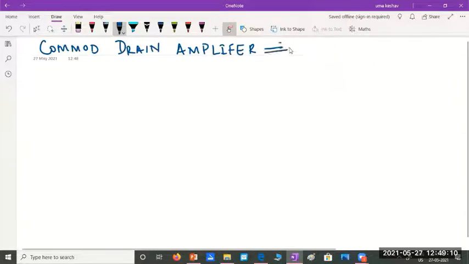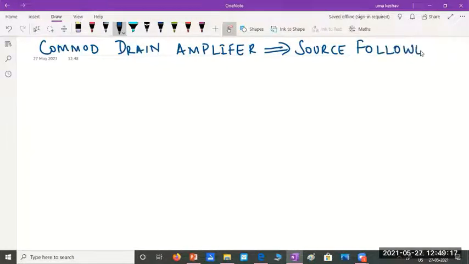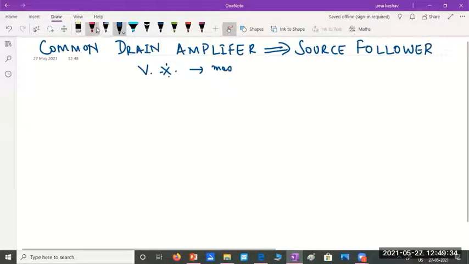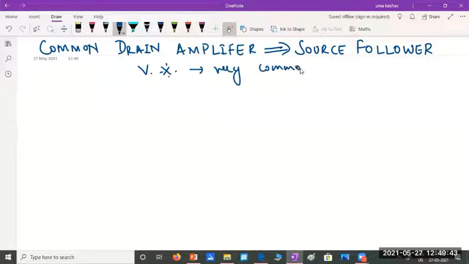Next we'll see the common drain amplifier, also known as the source follower, another very important amplifier configuration. It is not as common as the common source, but still a very commonly used amplifier.